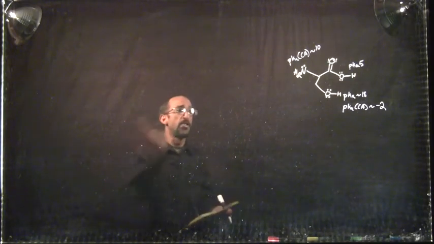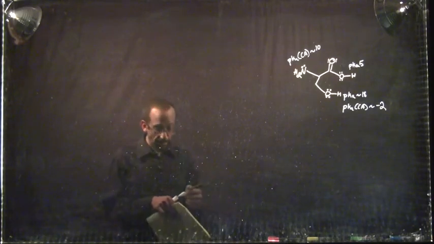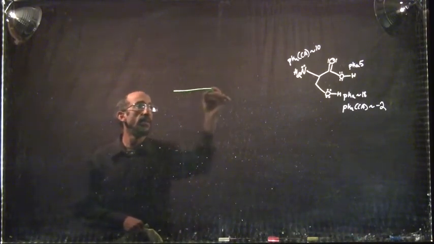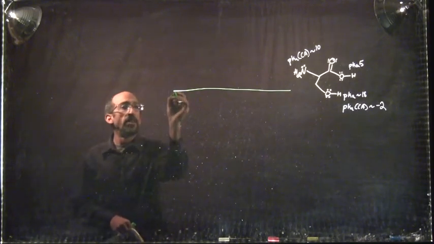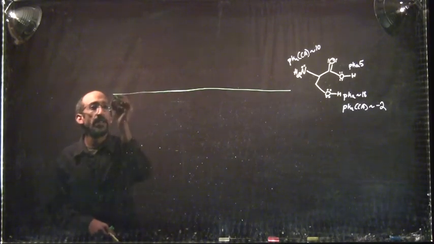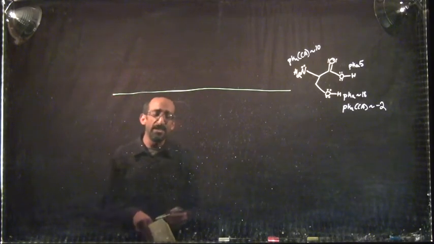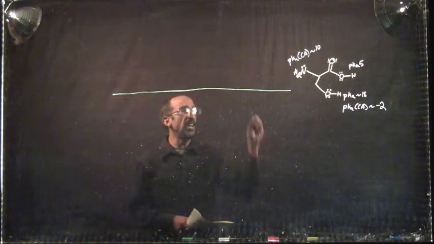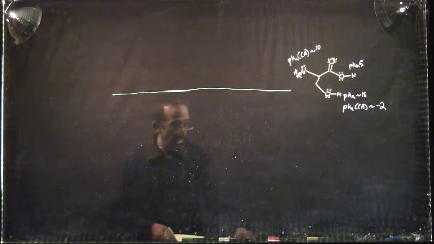The next step to determining the protonation state is to draw for ourselves a number line. So we'll just draw a nice horizontal line, and make that a little bit longer to give us plenty of room to work. And from there, we're going to list out in order, from lowest to highest, the pKa's of the different functional groups that we have.